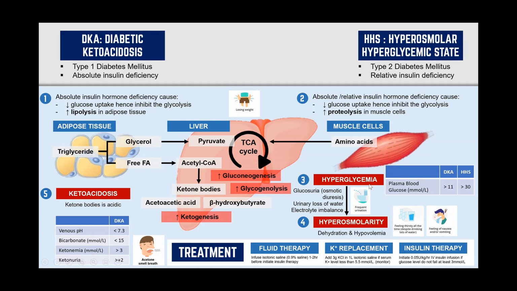A high level of glucose is excreted out through the urine, also known as glucosuria. Glucose is osmotically active, and water will tend to follow the glucose, resulting in increased urination, which is known as polyuria.